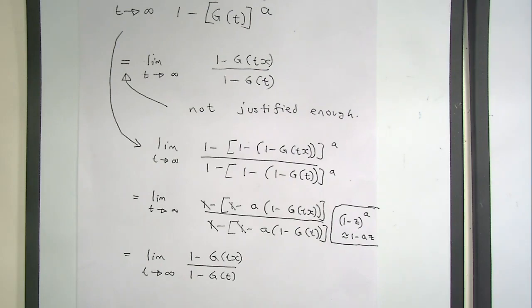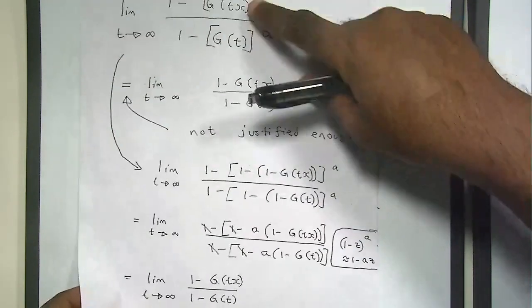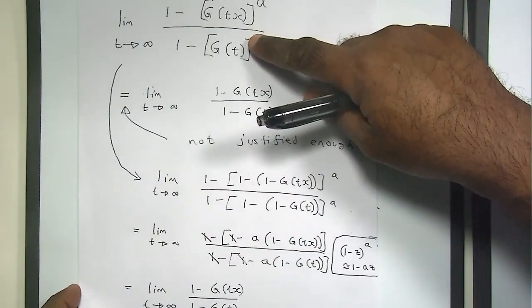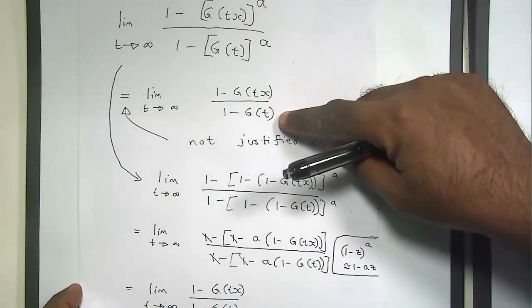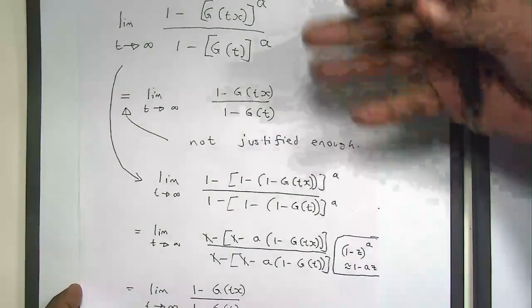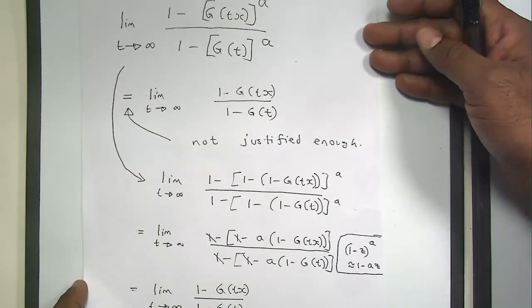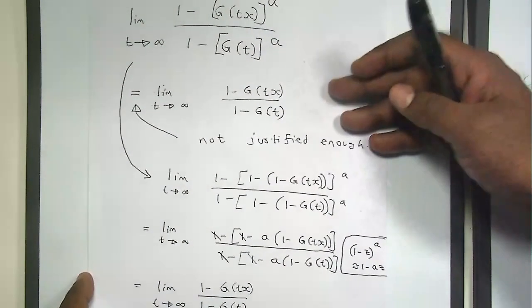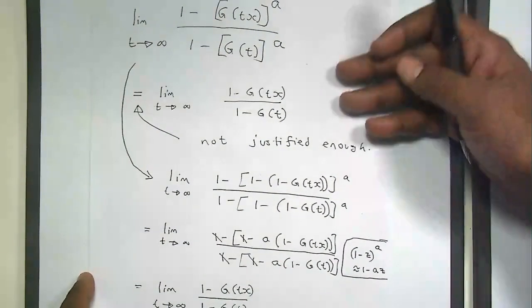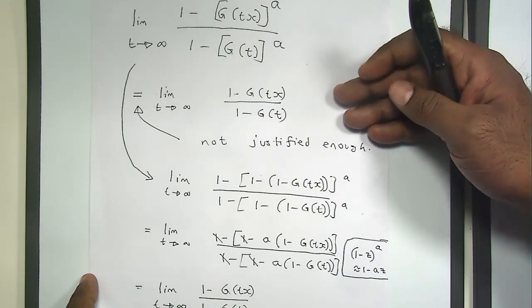I know some of you tried to argue that because these two approach 1, this must be this. Although it makes sense, mathematically it's not rigorous enough. Saying that this is equal to this without any justification is not rigorous enough, right?